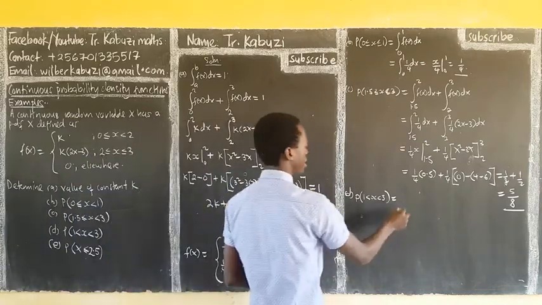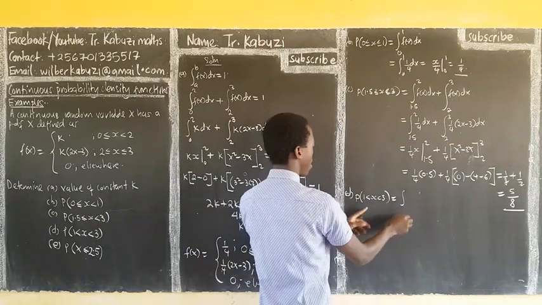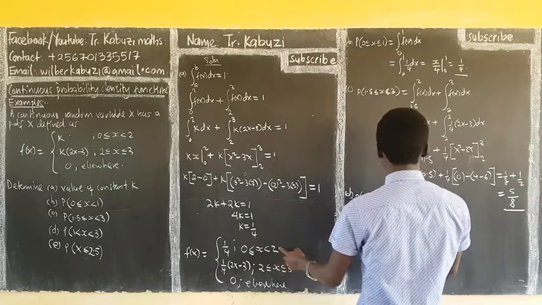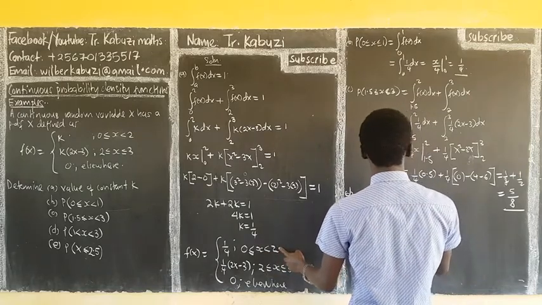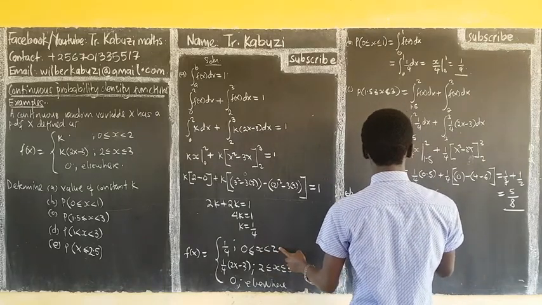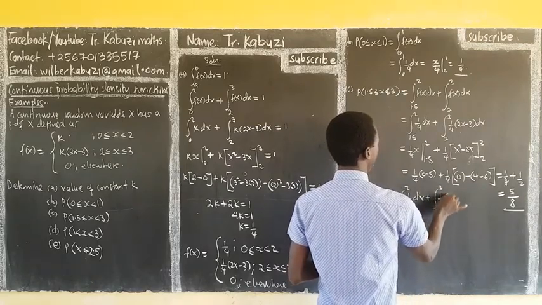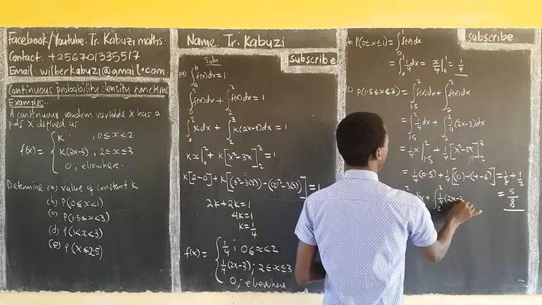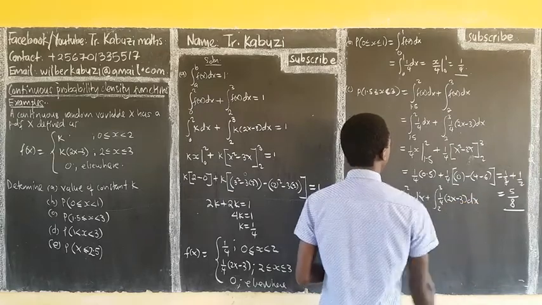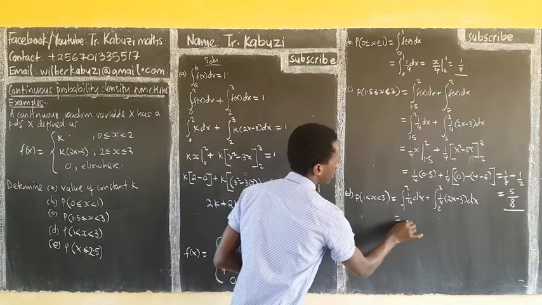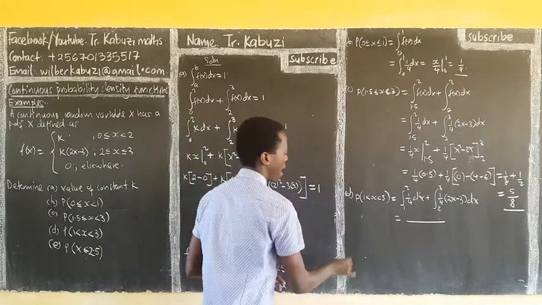So this will be the integral from 1 up to the upper limit of this range, which is 2, into our quarter, the PDF in that range, then plus from 2 to 3 of our PDF, 2x minus 3 dx, and I think you can easily get the answer. There, we use the same idea we have been using up there.